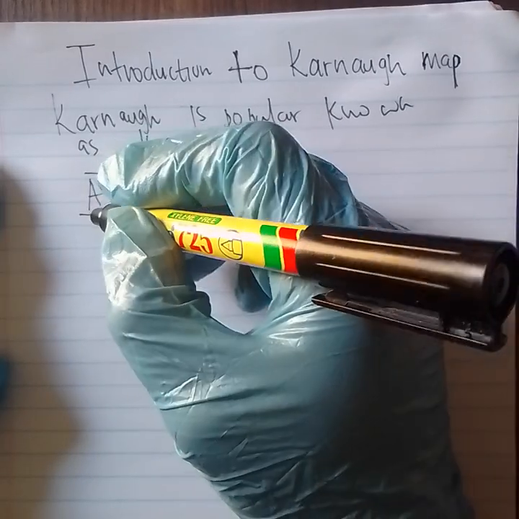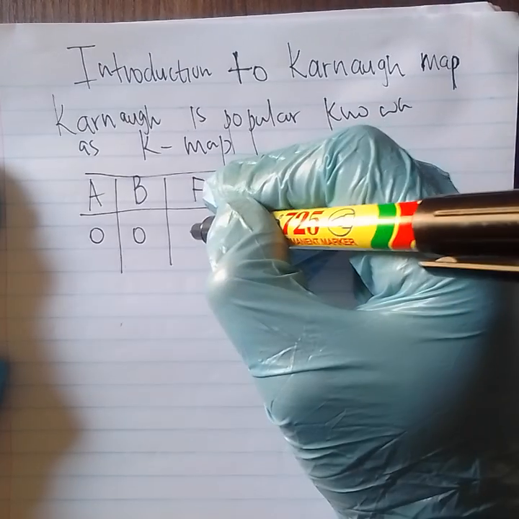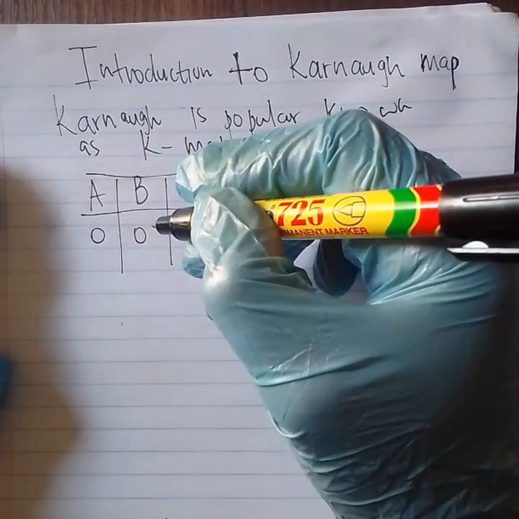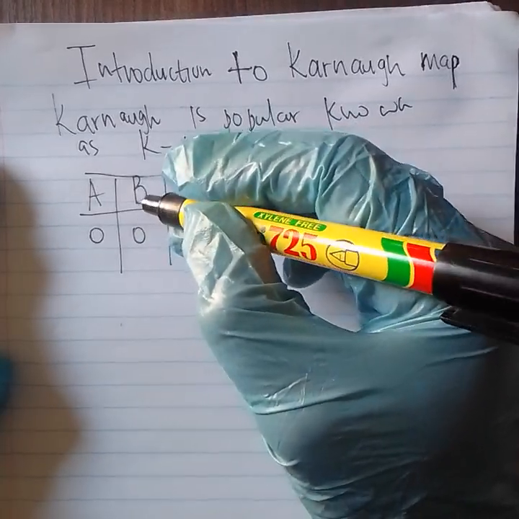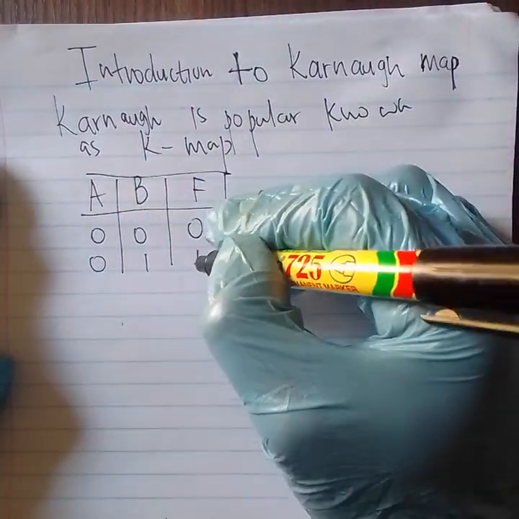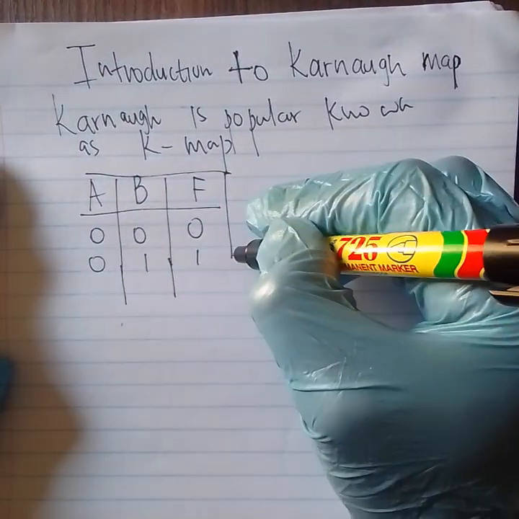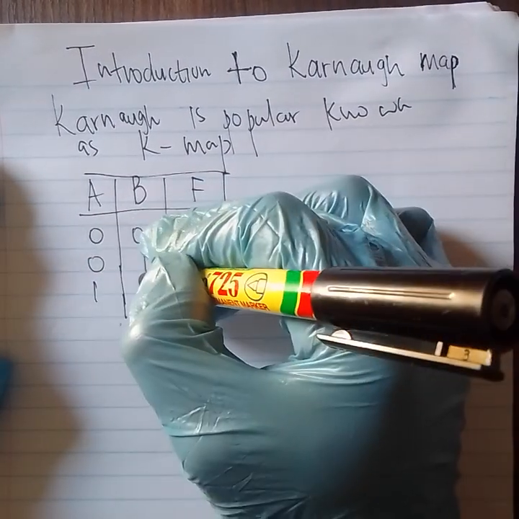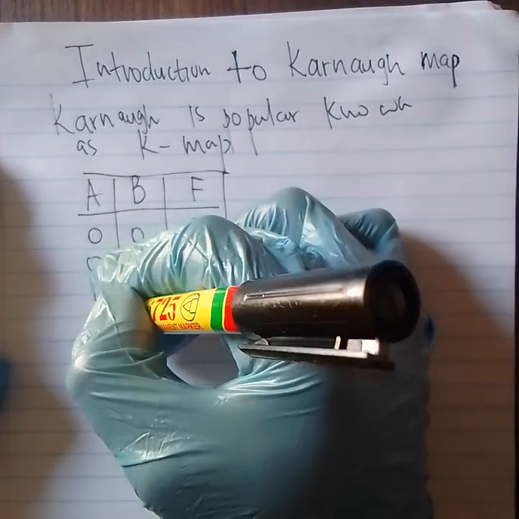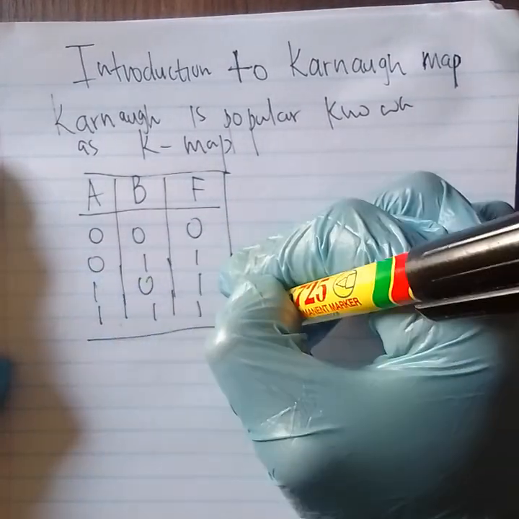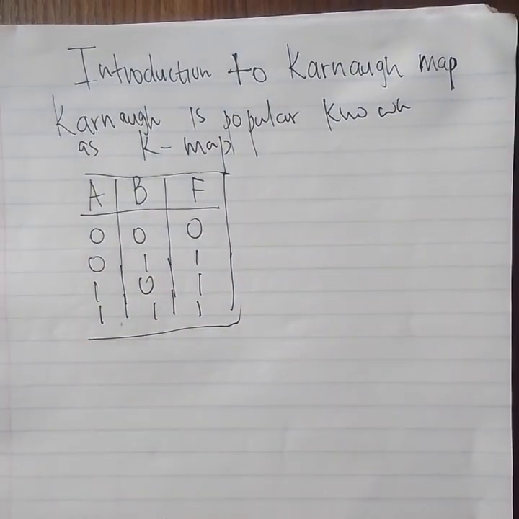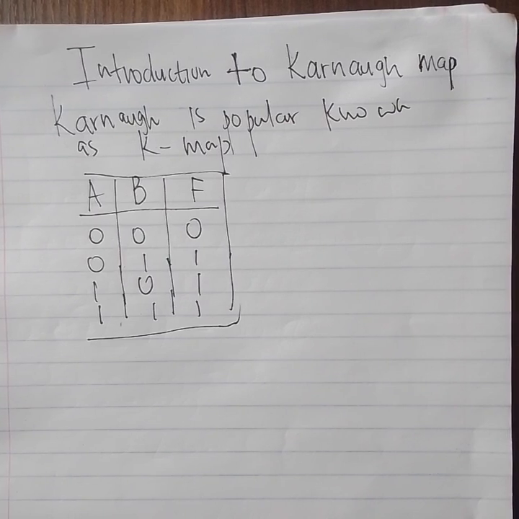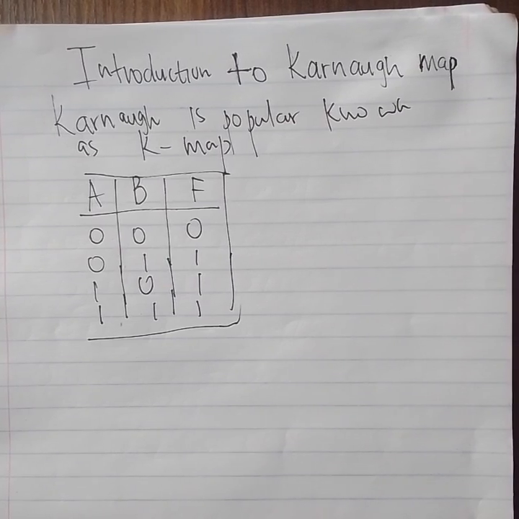A and B are inputs and F is our output. You should recognize this truth table as an OR gate truth table.